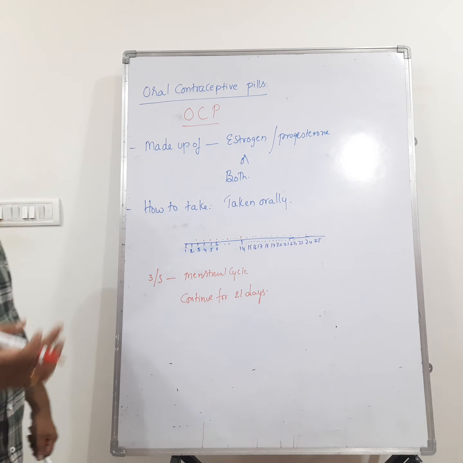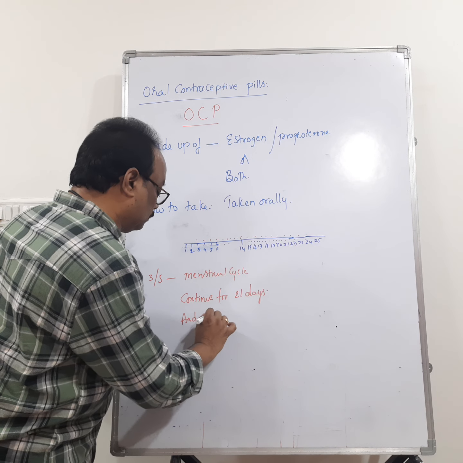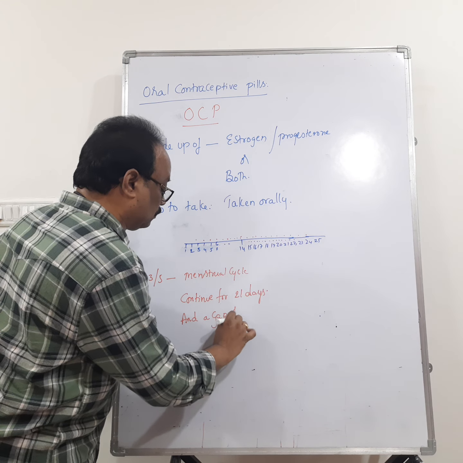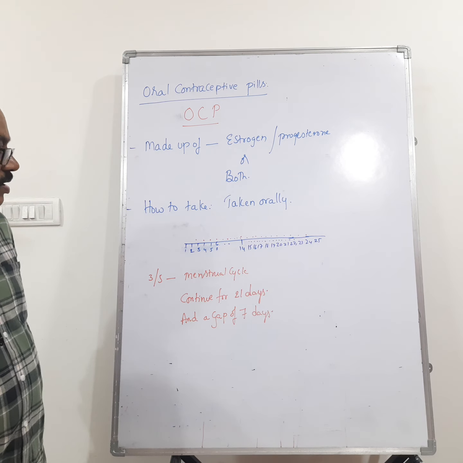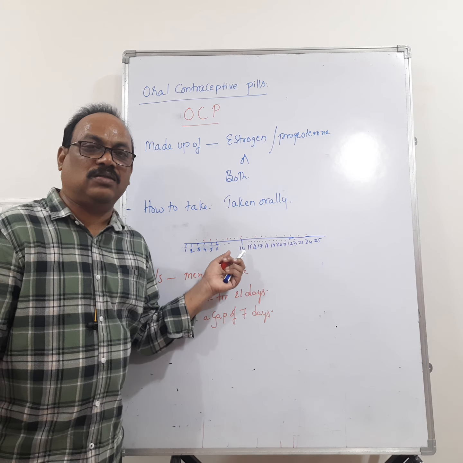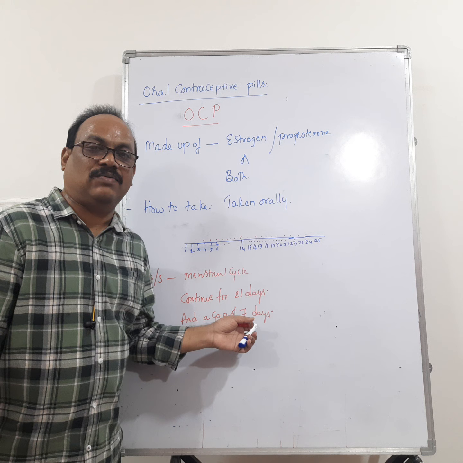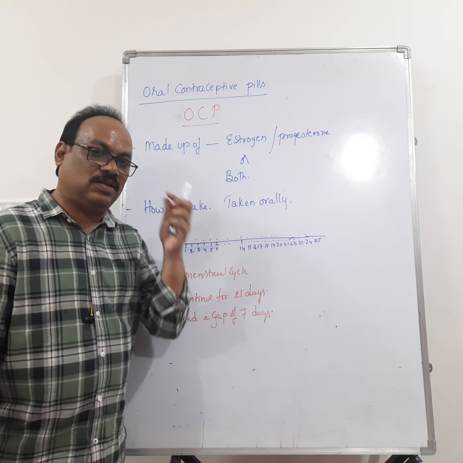And then a gap of 7 days. After the 7 days, again they have to continue the oral contraceptive pills. They take the gap of 7 days because in the gap of 7 days the menstrual flow occurs.